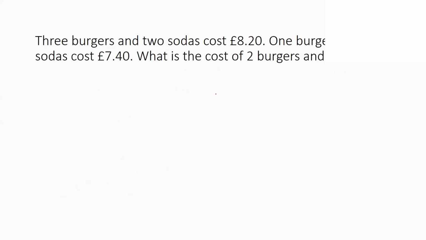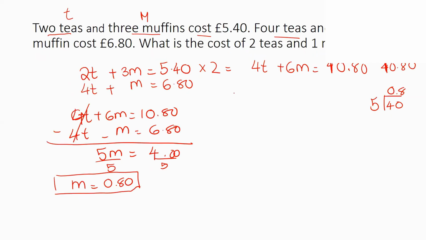I got it back. So let's continue. I'm going to insert the value of M in this equation. So I have 2T plus 3 times 0.8 equals 5.40.